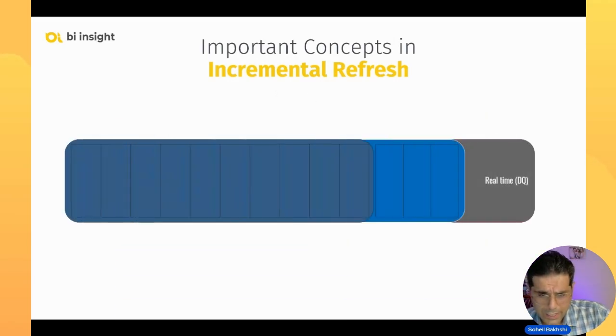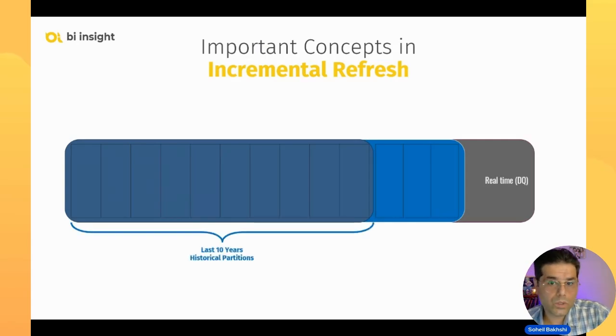Let's go a little bit deeper into this topic, and let's forget about the real-time data for now. As you can see on the screen, Power BI creates partitions, right? And these partitions, let's say I want to keep 10 years of historical data.